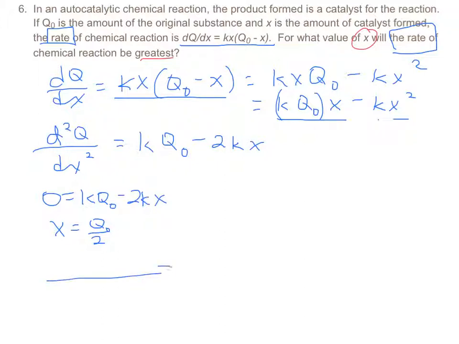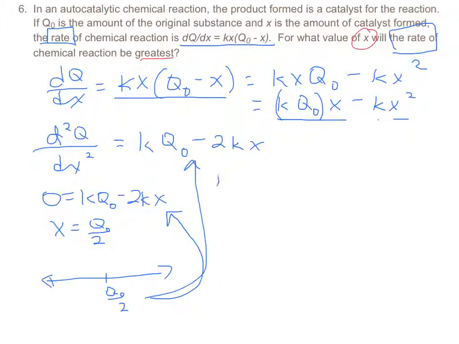So it seems a little odder to try to do a sign chart since we don't actually have an explicit value, but we can still work it out because our lowest amount would be 0. So if we have a number between 0 and Q sub 0 over 2, let's plug it in up here to the original, the derivative of the rate of change.